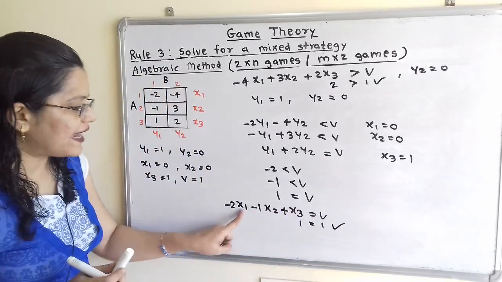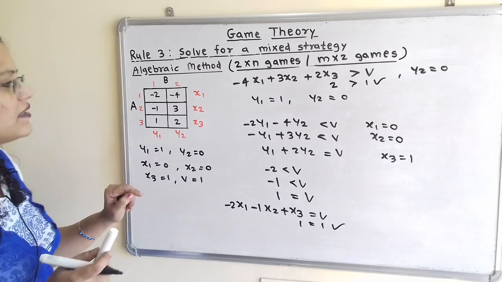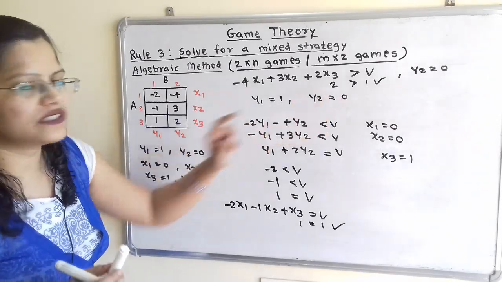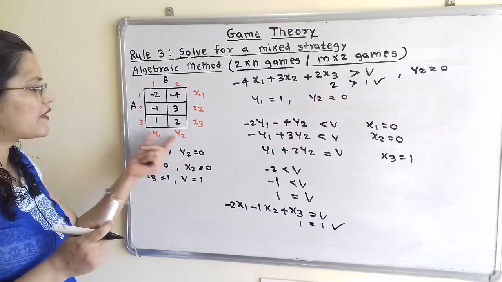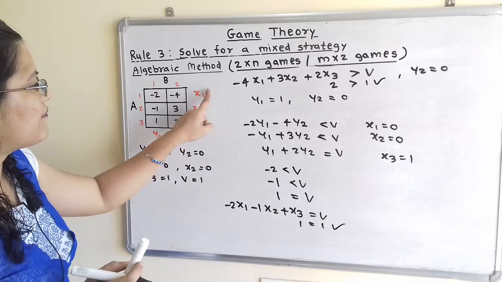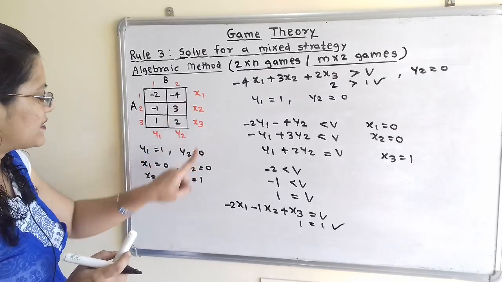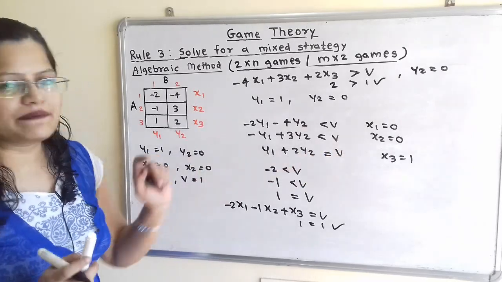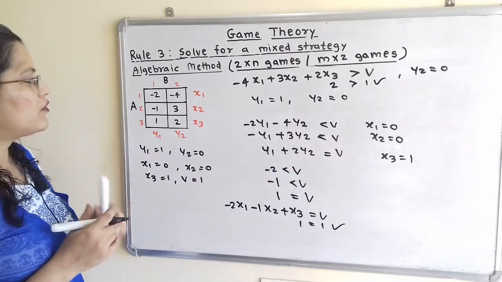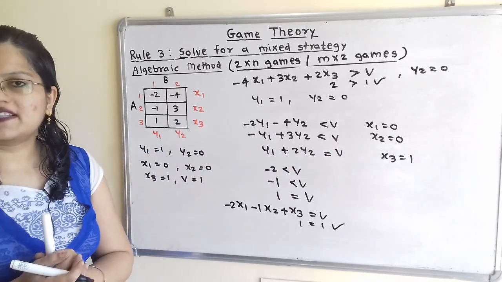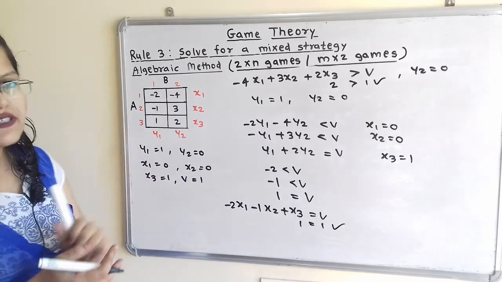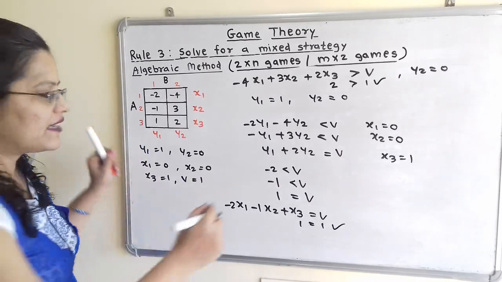So we can say that we have to take this y1 1, then y2 0. So these two values are correct. Then in the same way x1 0, x2 0 and x3 is equal to 1. So this statement is also correct. So how we can write the answer?